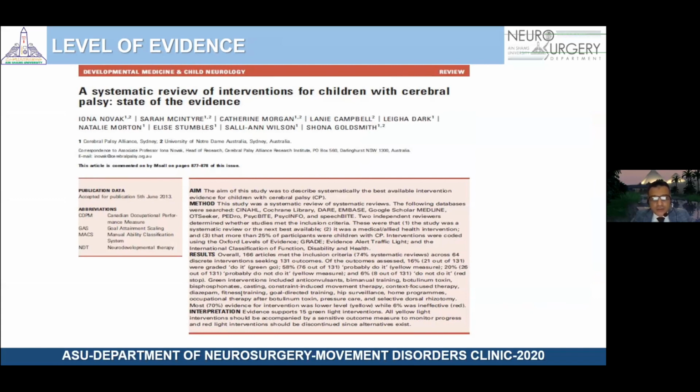They concluded and gave traffic light colors for those procedures with high evidence. We have the green color for the procedures which are mostly effective and should be done for almost all children with cerebral palsy.